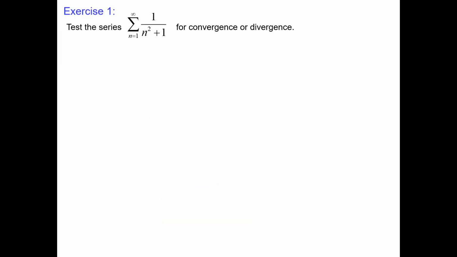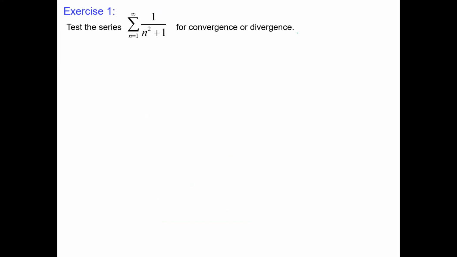Test the series for convergence or divergence. When we see this formula, you may look at what tests we know. At the moment we are a little bit limited, but I will look at this one and say, okay, the test for divergence doesn't work, because we remember the test for divergence.